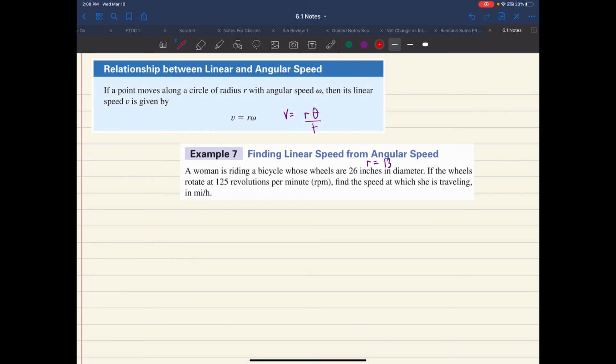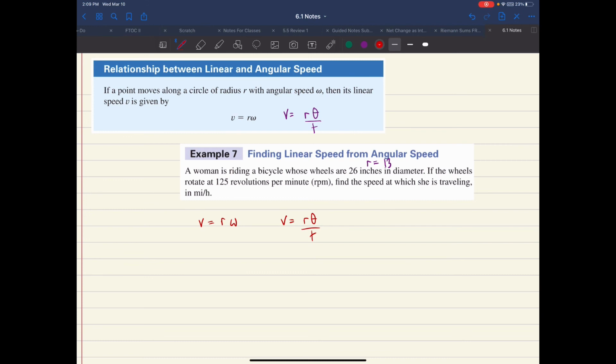Okay, so this is angular speed. And I'm going to use v equals r theta. Oh, finding linear speed from angular speed, sorry. r theta over time is my linear speed.